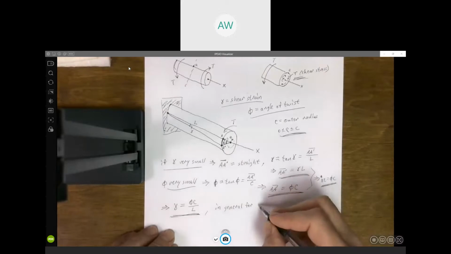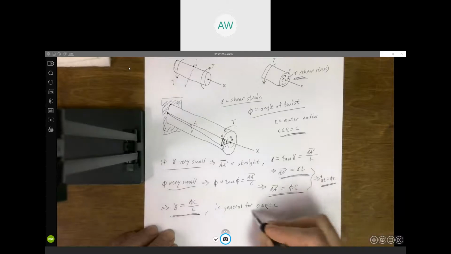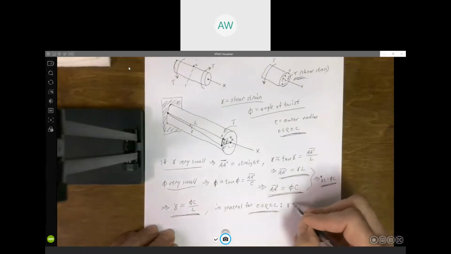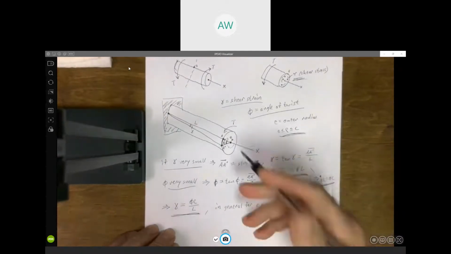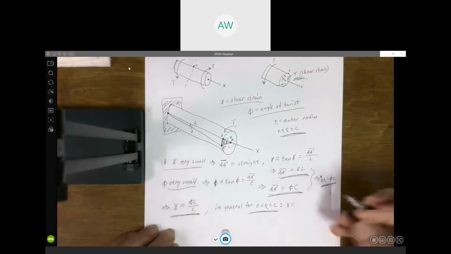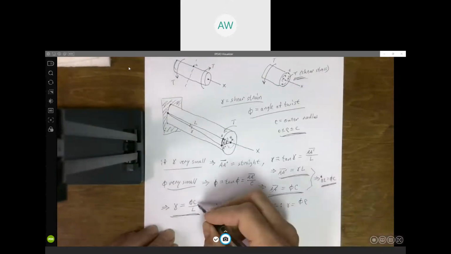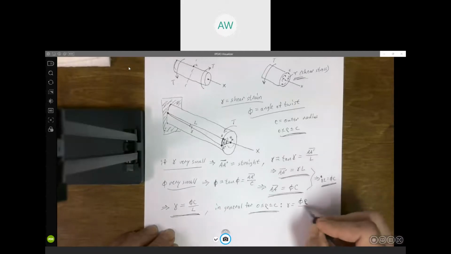But if you wanted to know what the shear strain was at some arbitrary radius, you could go through and do the exact same exercise. I'm not going to go through it. It's some arbitrary radius rho, and you would get the same result, but instead of C, the outer radius, you would get just some arbitrary radius rho.